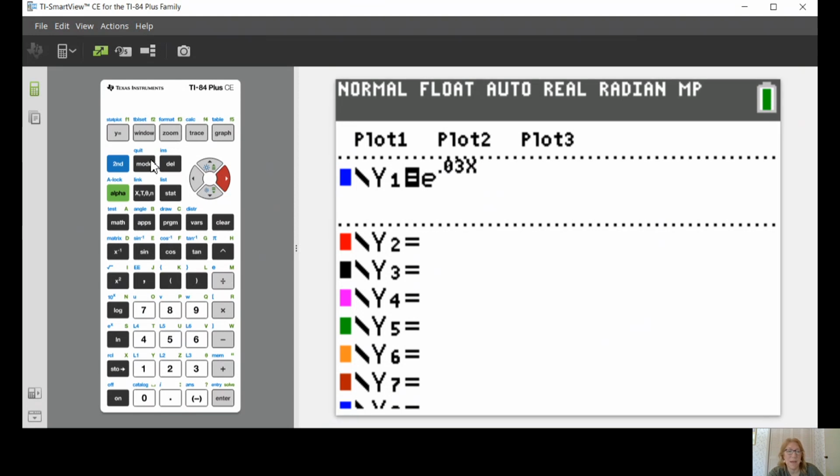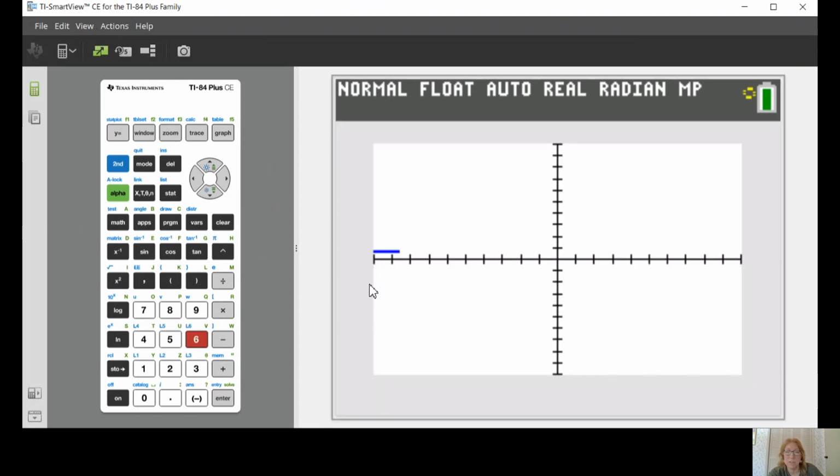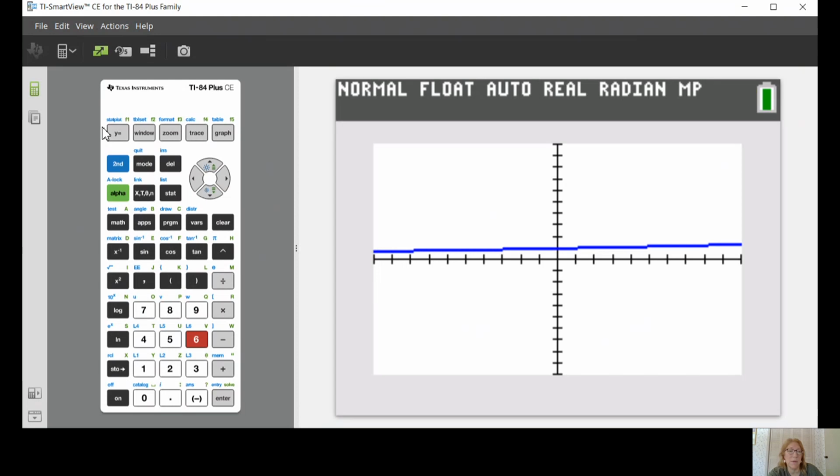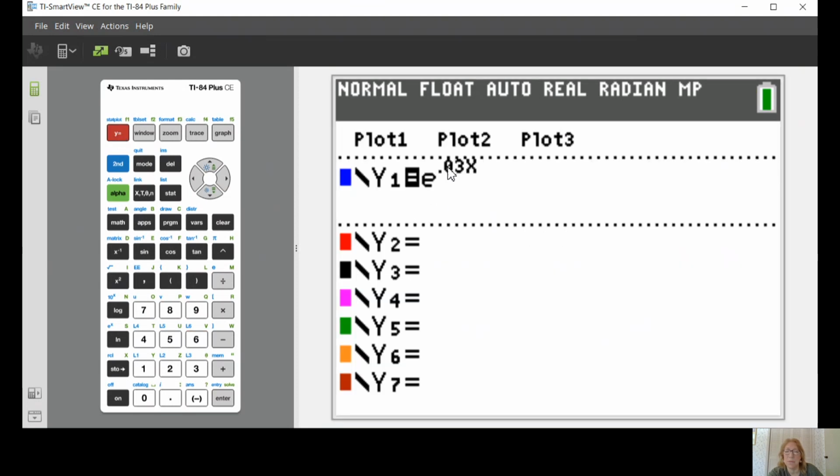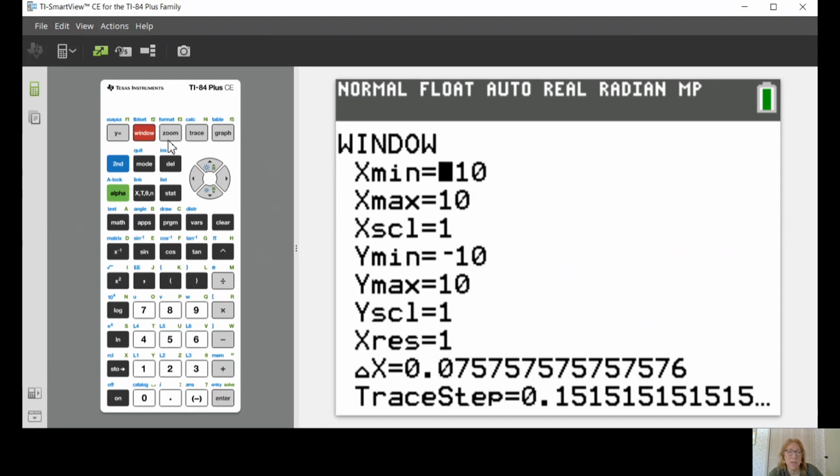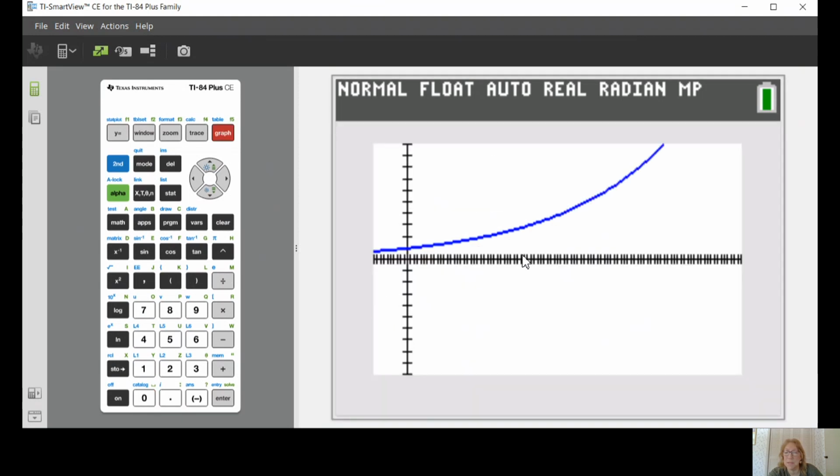But if we do that, and I'm just going to go back to the middle graph, zoom 0. No, I messed up. Oh, because it's e to the 0.03x. That makes it increase very slowly. So let's see, if I wanted to do x max out to maybe 100, we'd start to see that it does increase, but it takes a lot longer.